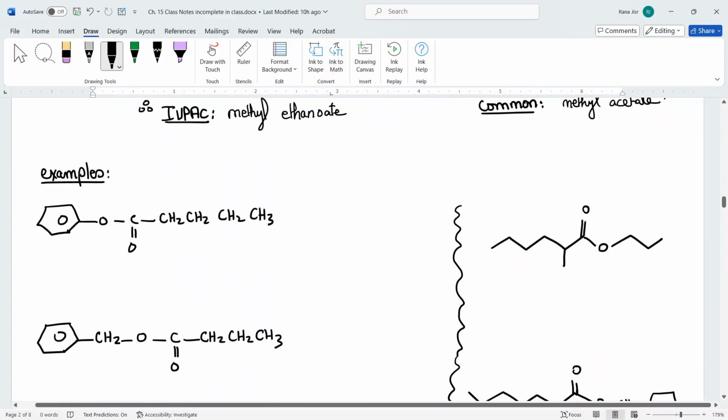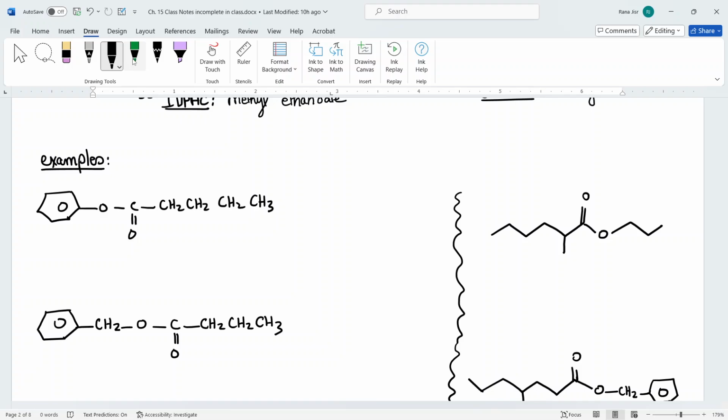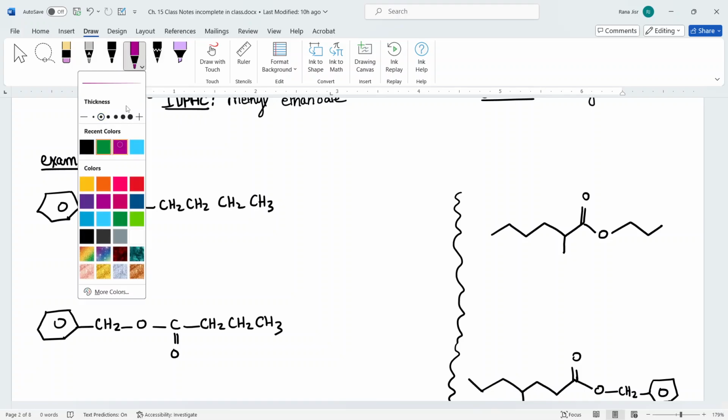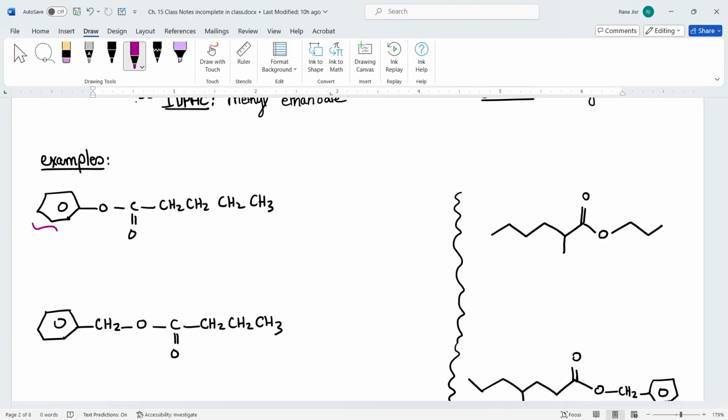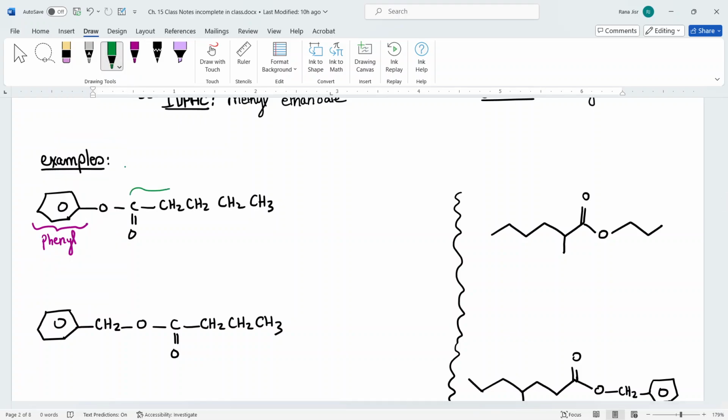Okay, so let's go ahead and have an example for more complicated esters. So as I said, you always start by naming the part that is connected to the oxygen first. So I know that this one is a phenyl. Okay, and then you name the part that is connected to the carbonyl in there. So that part in there. You are going to choose the longest carbon chain, including the carbonyl.